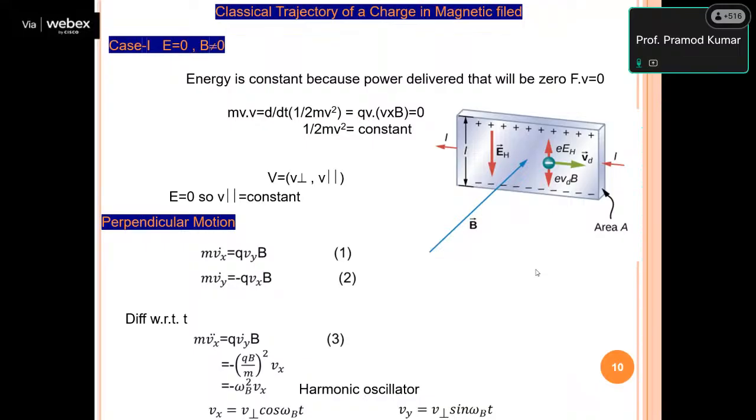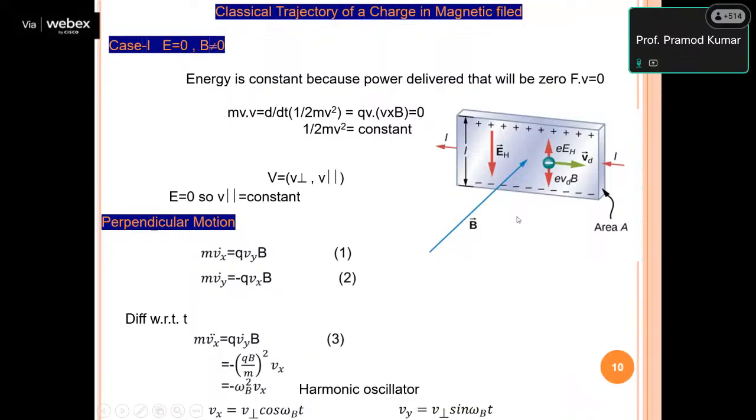So always remember that. Now we are going to understand what we are doing in the Hall effect. Whenever we are measuring the Hall effect, we are doing two things. One, current is flowing along the x-axis and the magnetic field is applied along the z-axis. Then one voltage develops perpendicular to this current and the magnetic field.